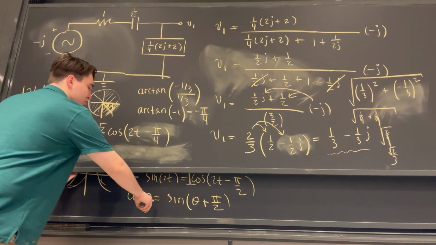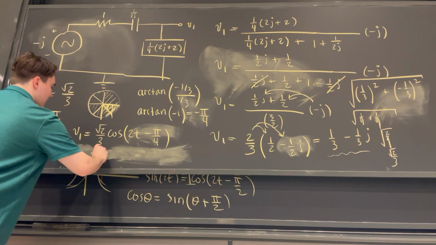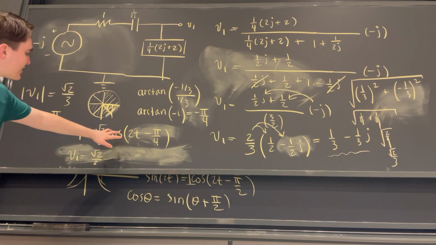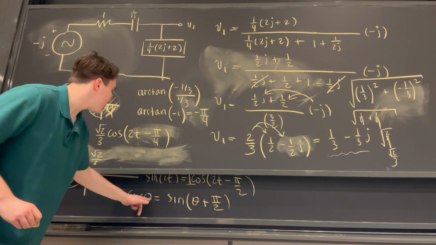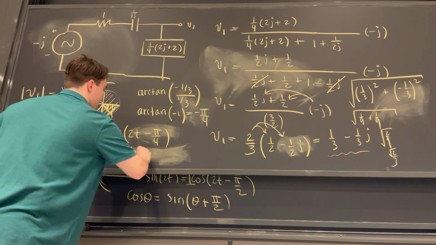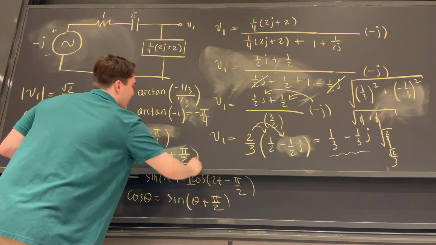So now let me just go ahead and apply this shift formula to this. So then I know that V1 is actually root 2 over 3. And now I can turn the cosine into a sine by just adding pi halves to this original argument. So it's actually going to be sine of 2t minus pi fourths plus pi halves, right?